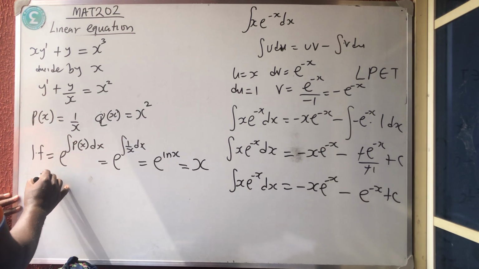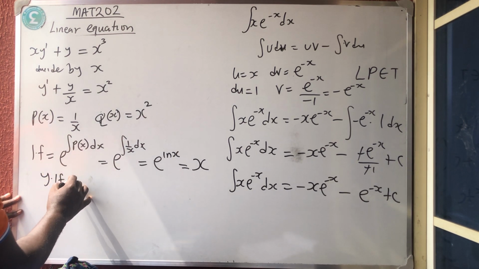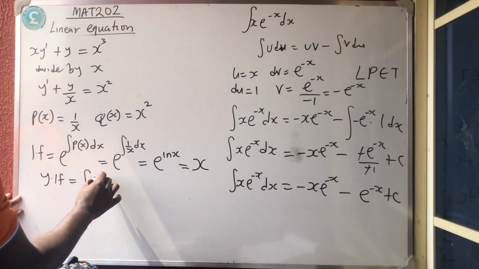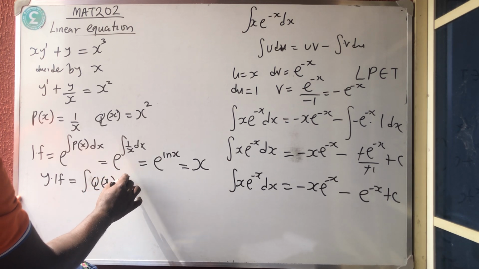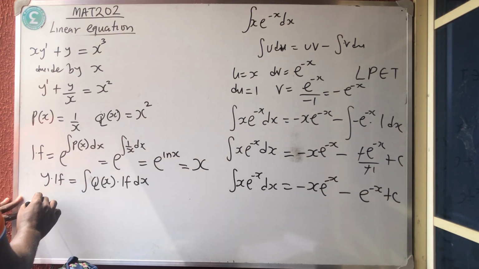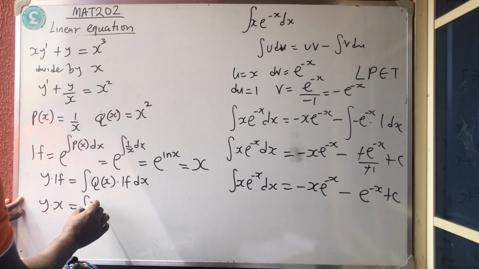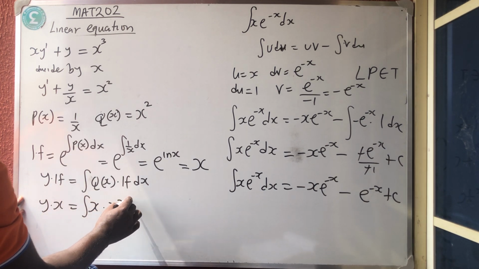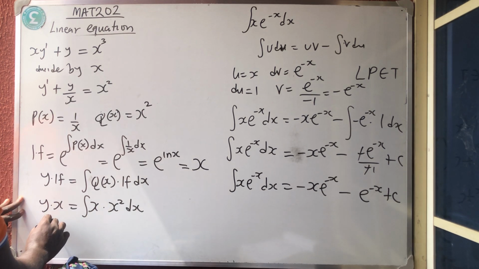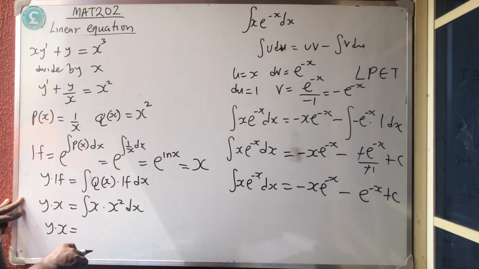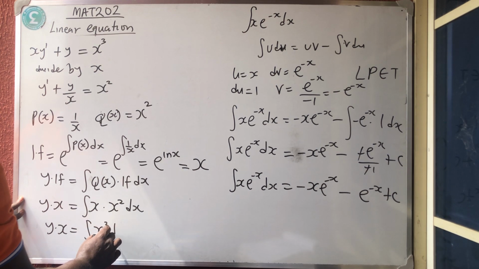So the solution is y dot integrating factor is equal to the integral of q of x dot integrating factor dx. So y dot x is equal to the integral of x dot x squared dx, which is the integral of x raised to power 3 dx.